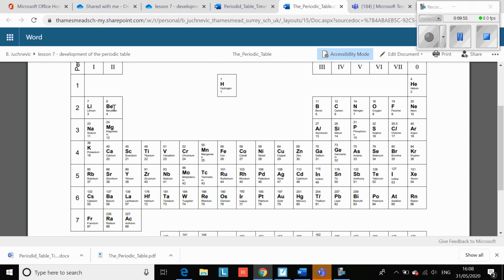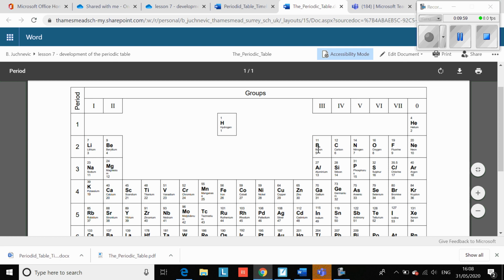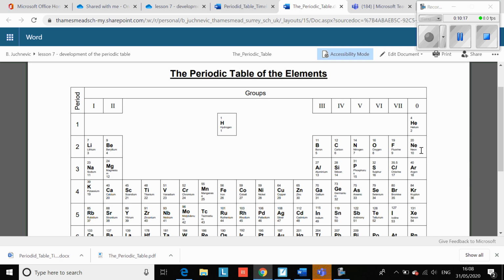These ones all do the same kind of thing because they all have 2 electrons in their outer shell. These ones, group 3, all have 3 electrons in their outer shell, group 4 all have 4, and these ones all have full outer shells. They all have, well, 2 in the case of helium, but 8 electrons in their outer shell, and that's why they don't react, because their electron shells are full, they're happy, they're stable.